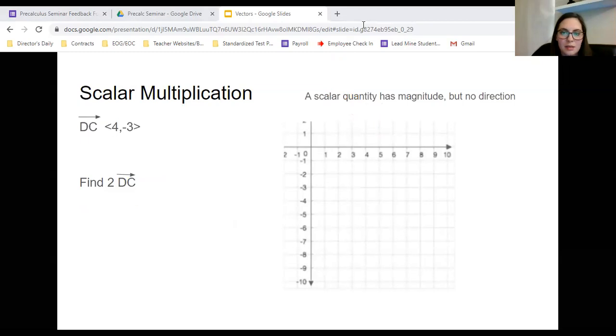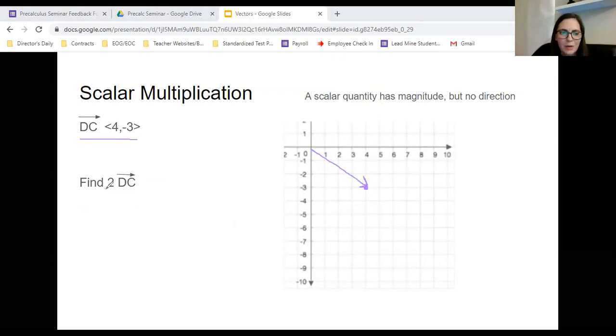And get my pencil out. I've got this vector here, DC. So DC is 4, -3. So it's my component form. So I'm going to go 4, -3. Here's my vector DC.